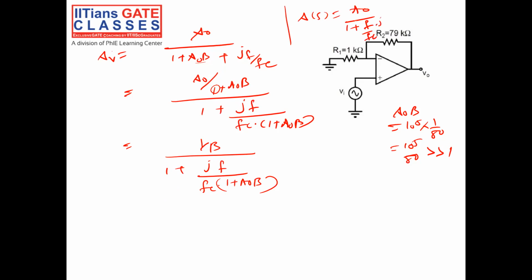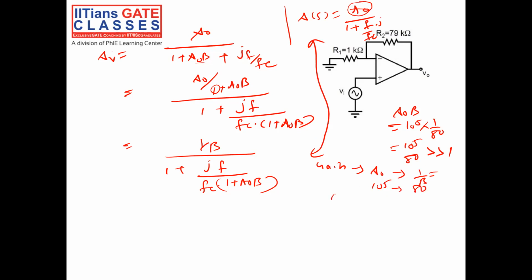Comparing with closed loop, the gain has decreased from A0 to 1 by beta, that is from 10 to the power 5 to 1 by beta, which is 80.